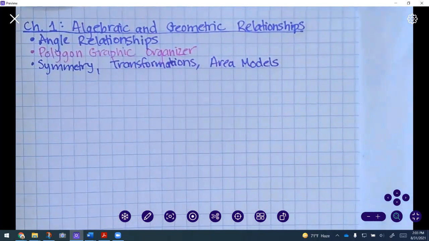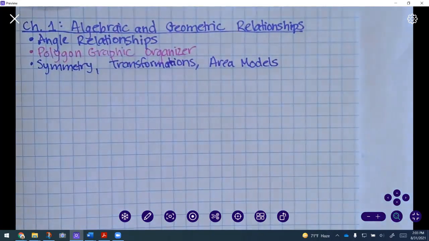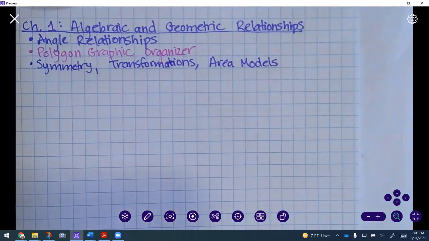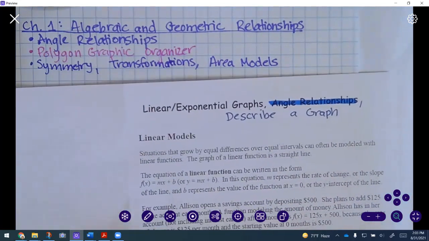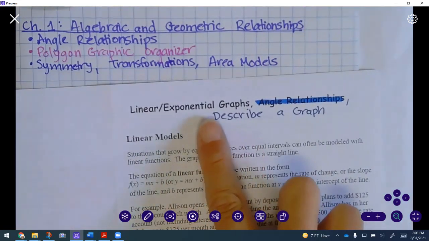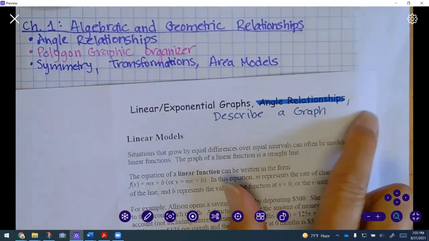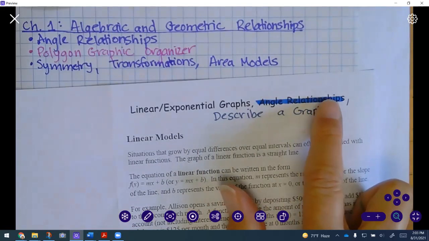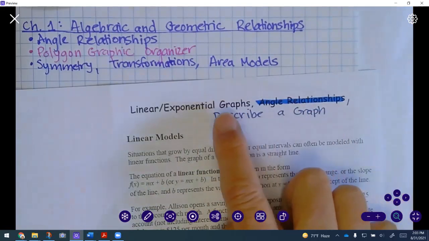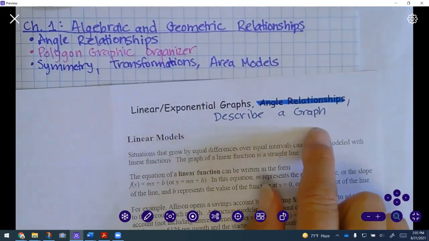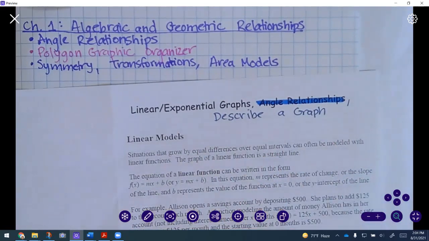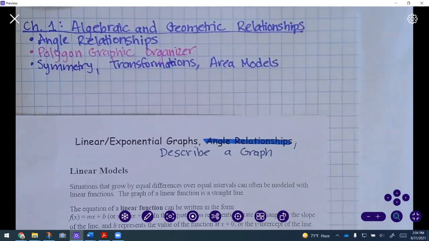And then the last one I'm going to put in today is going to be this one here that says linear exponential graphs. I crossed this out, angle relationships, because I took that off. We added this into our notes by hand, and I added on instead describe a graph. So cross that out and put describe a graph.